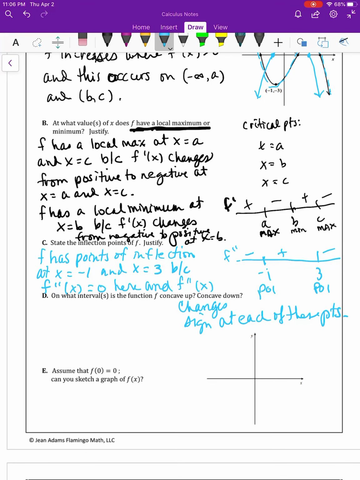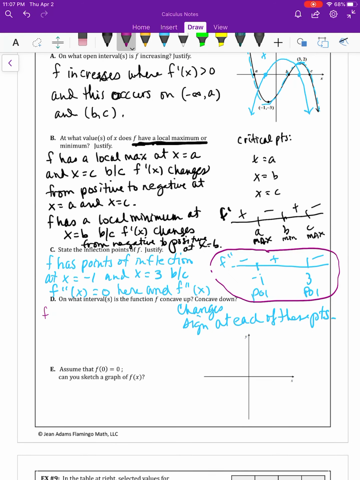All right, so on what interval is the function f concave up and concave down? So we can see that by looking right here at this second derivative sign chart, but a sign chart is not enough to say, oh, look at that sign chart. You have to explain it.